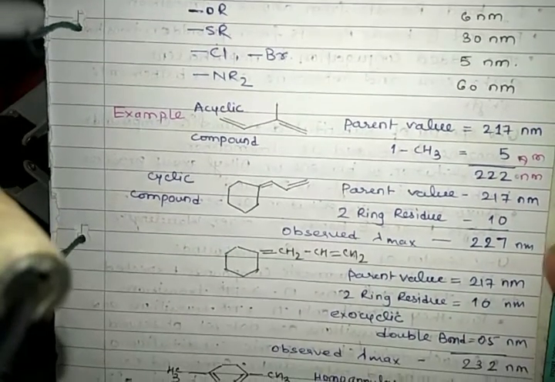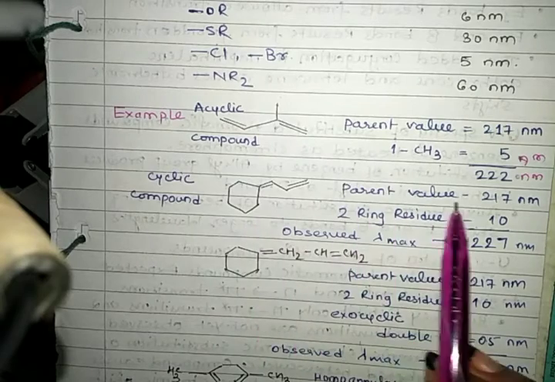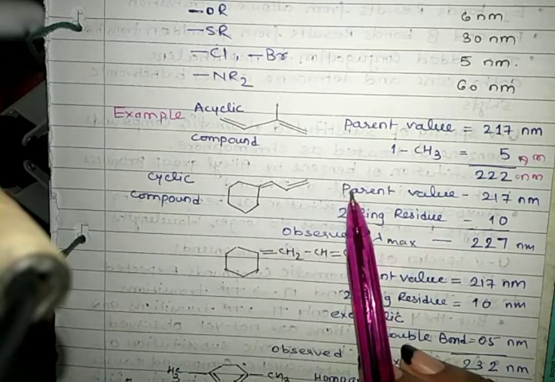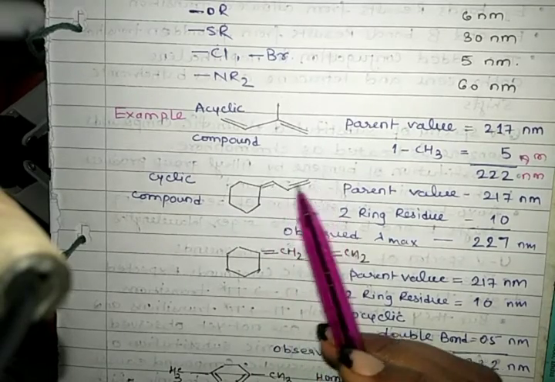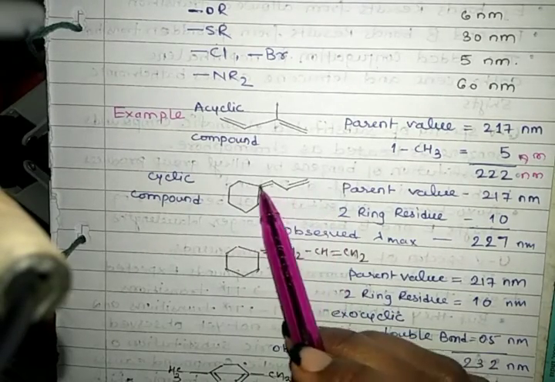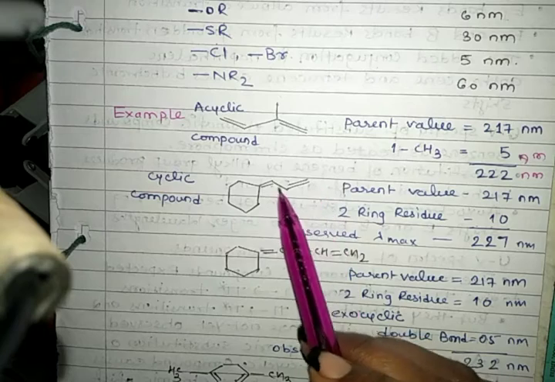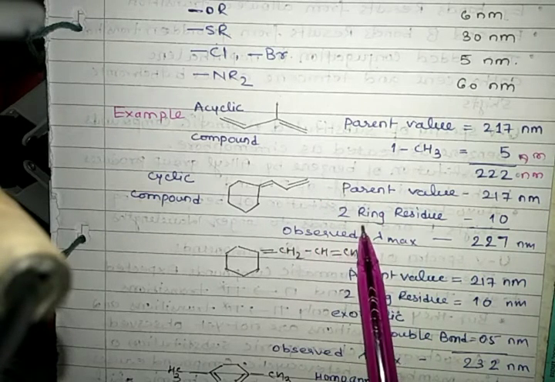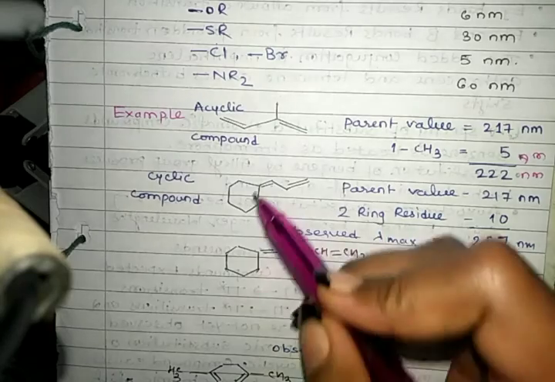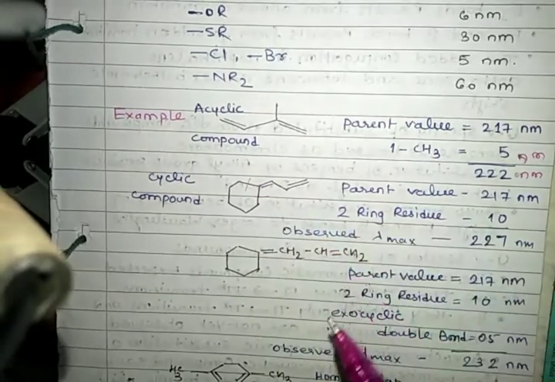Next example is this, a cyclic compound, but it is an acyclic conjugated diene. So parent value is 217 nanometer, and there are two ring residues, first one is this and second one is this.